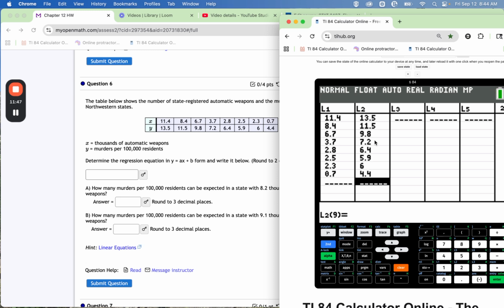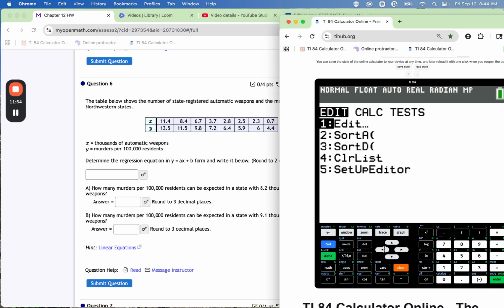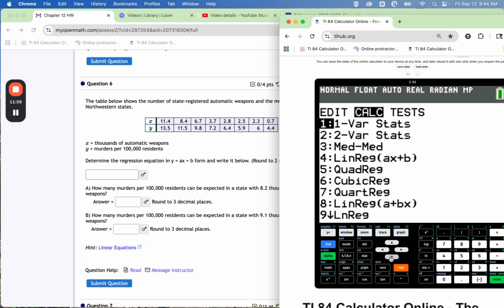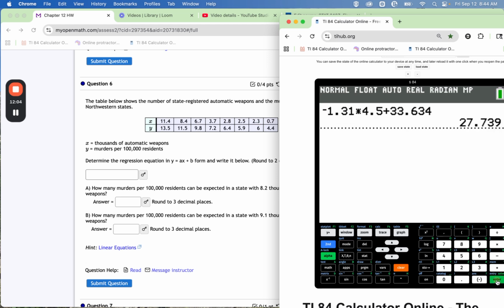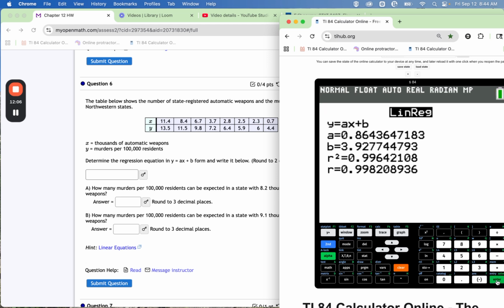Okay, so determine the regression equation in Y equals AX plus B form. So here we go. I go Stat, Calc, Line Reg. Yep, list 1 is X, L1, Y is L2. Let her rip. So there's going to be my equation, right?